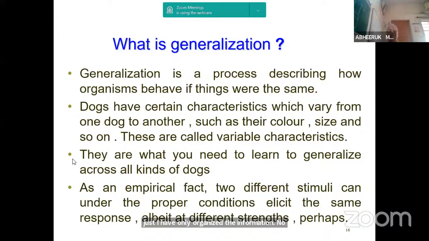Now, one concept is generalization. Generalization in learning a concept is a process describing how organisms behave as if different things were the same. Suppose two cats are there. The best example is dogs. Lots of types of dogs are there. Many small dogs with a lot of fur, and many dogs that are very big or look very ferocious.